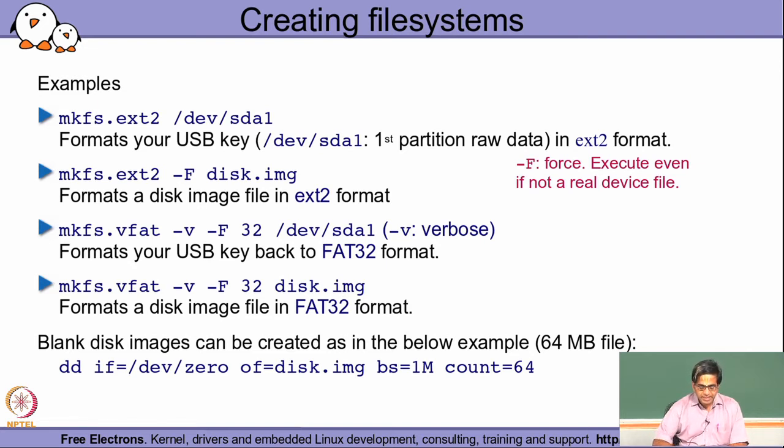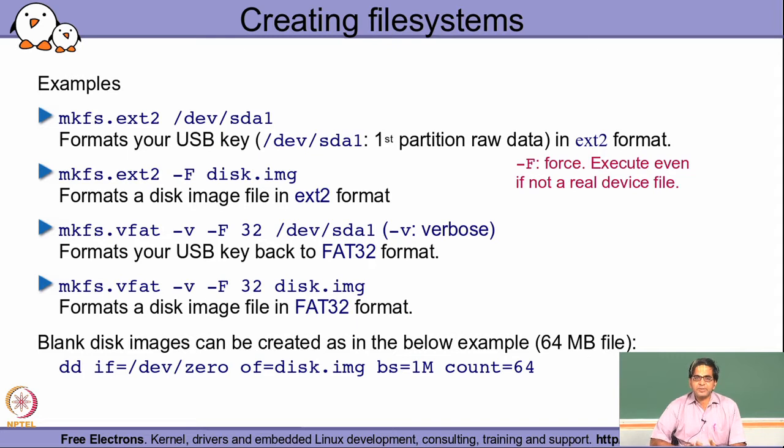So, I could say mkfs.vfat and appropriately create a vfat file system on whatever disk partition has been mentioned. Likewise, if I want to create an XFS file system, XFS is another type of file system, I would similarly run a command called mkfs.xfs.